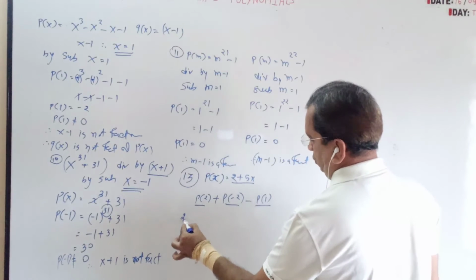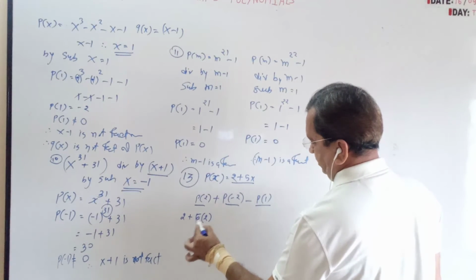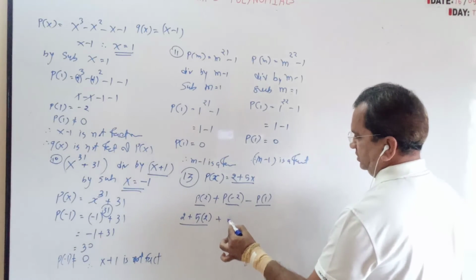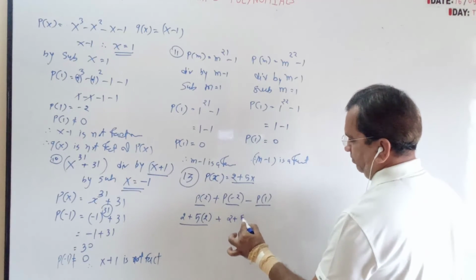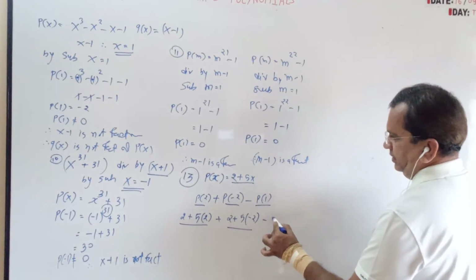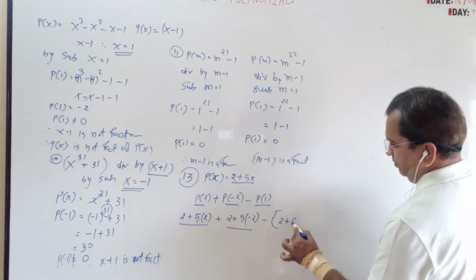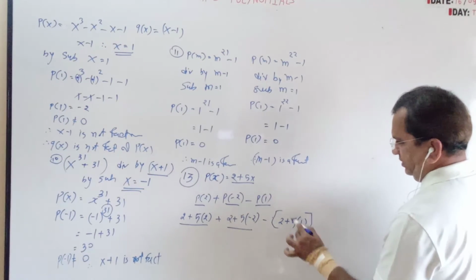So 2 plus 5, here 2 only, plus 2 plus 5, here minus 2 only, minus 2 plus 5, 1.